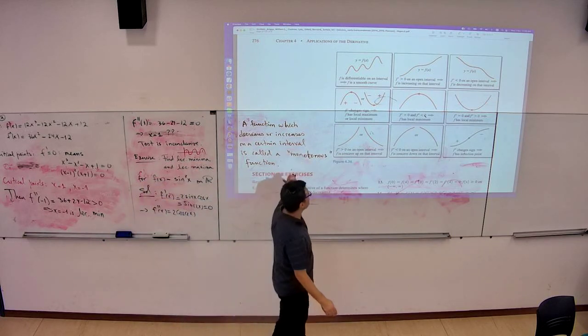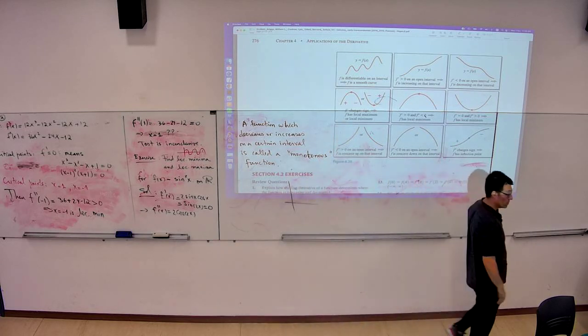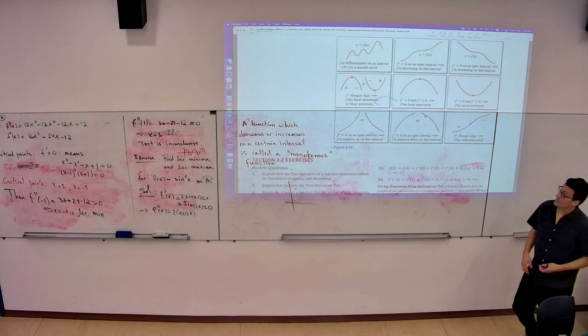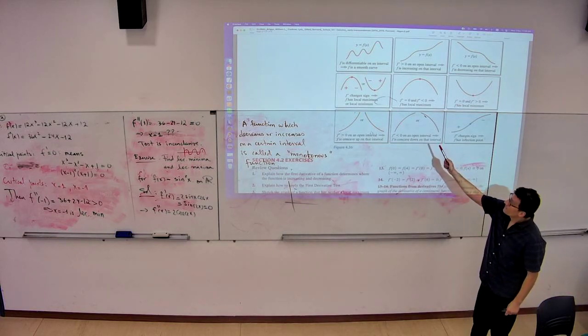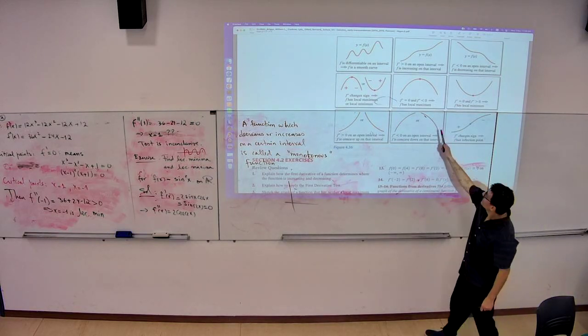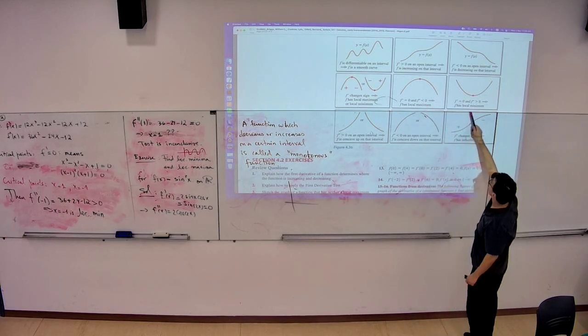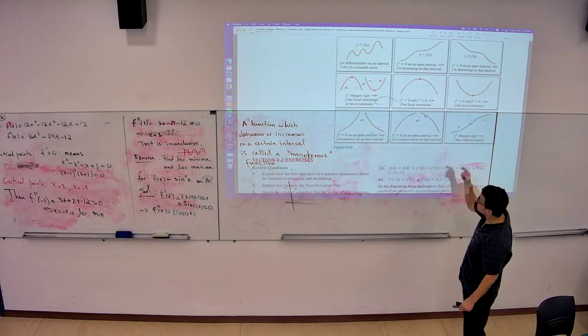Okay? Now, the second derivative tells you about the concavity of the function, how happy or sad it is, right? Second derivative negative, the function is concave down, so sad. Second derivative positive, you have a happy function actually.